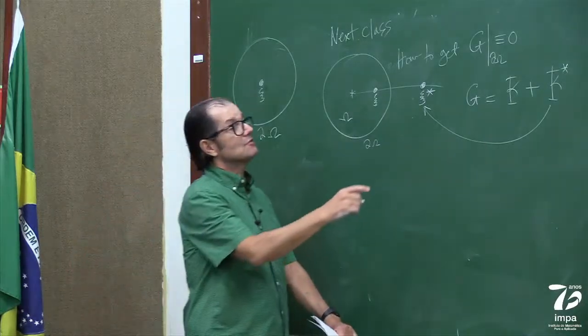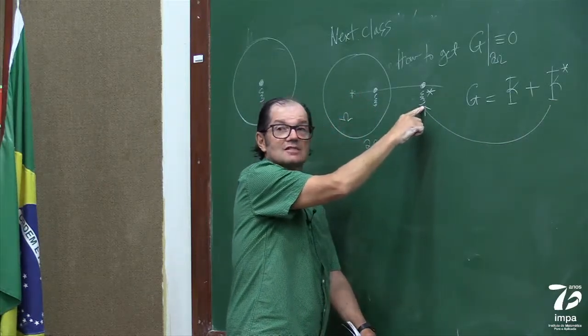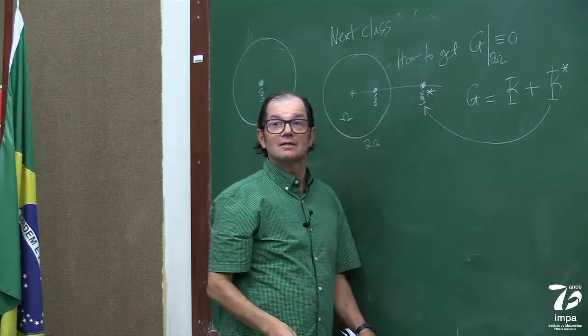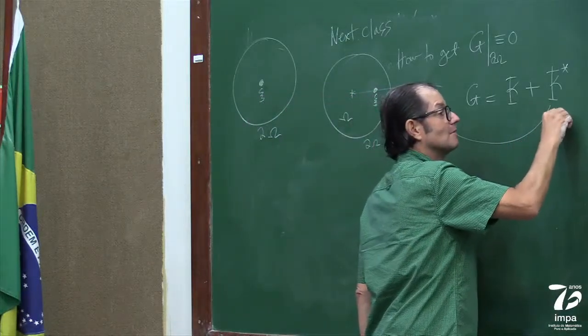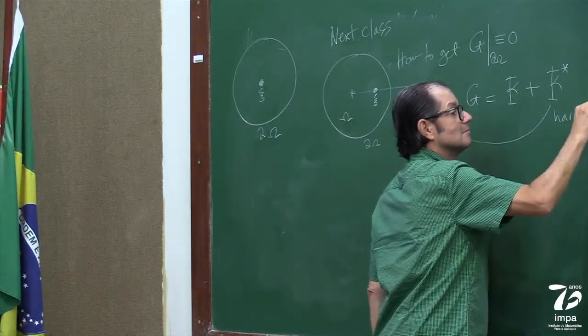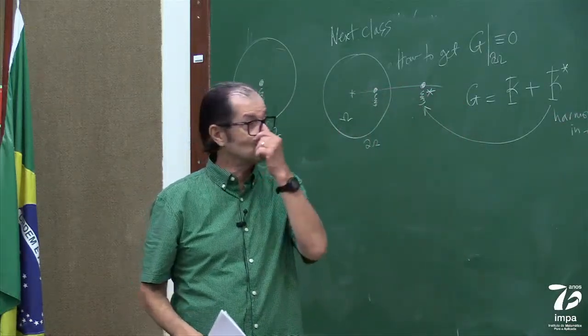Well, if this Green's function K star has a singularity outside the domain omega, this is a harmonic function in omega. It's a W, just a fancier W.